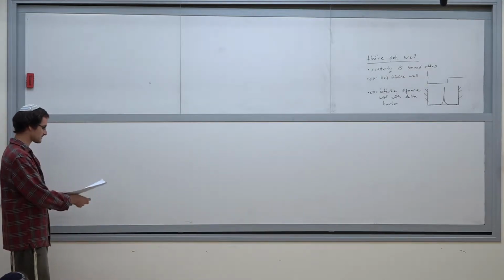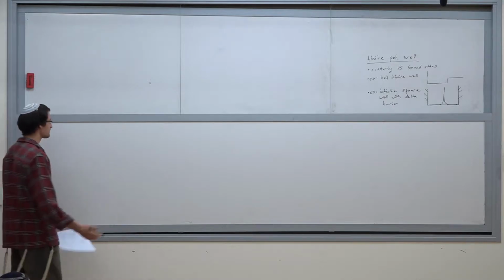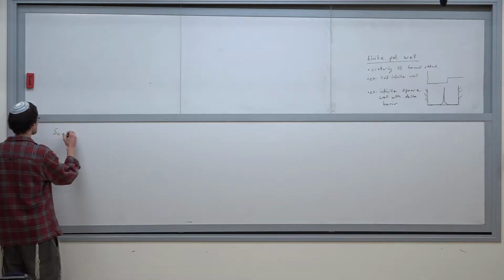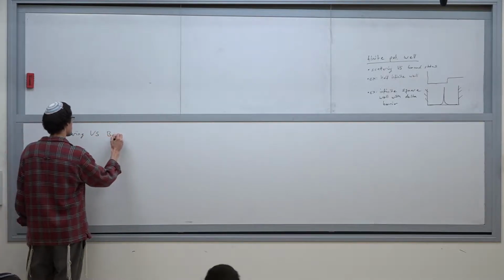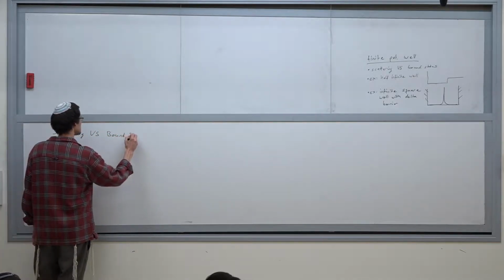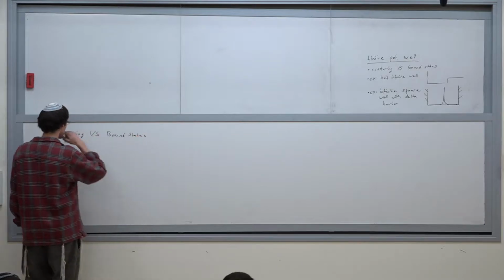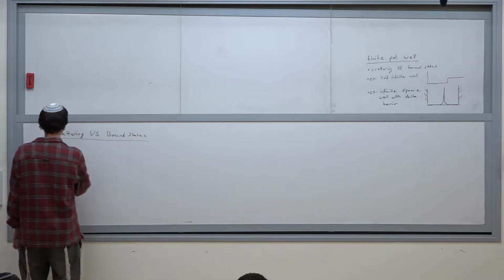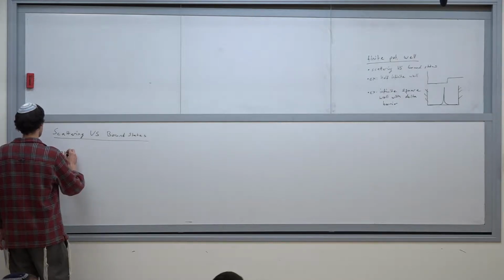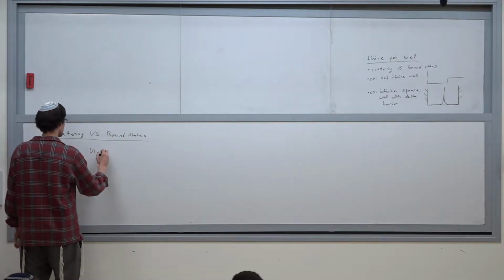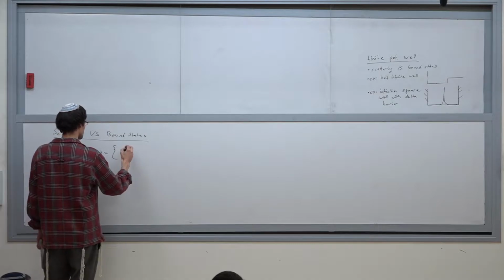So let's start by explaining the difference between scattering and bound states. I'm going to explain the difference with an example. I'm going to consider a finite well given by this potential.